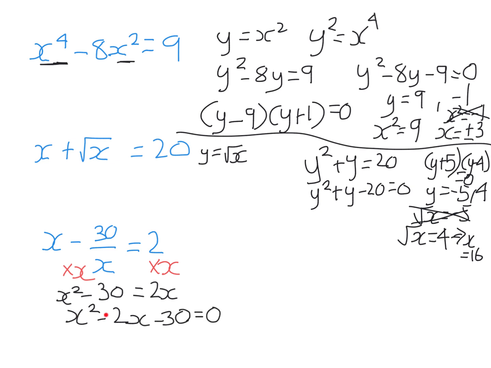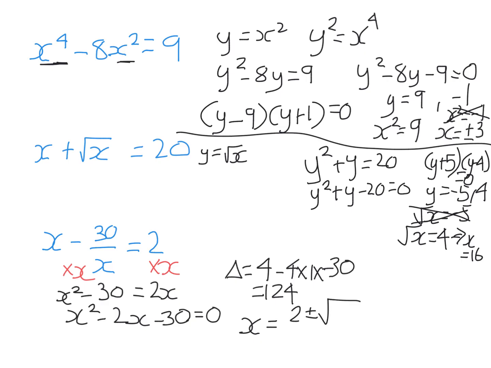So this quadratic cannot be factorized easily, so let's use the quadratic formula. We'll start by calculating the discriminant. So the discriminant is b squared minus 4 times a times c, which is 124. So using the quadratic formula, x will be minus b plus or minus the square root of the discriminant, all divided by 2a.